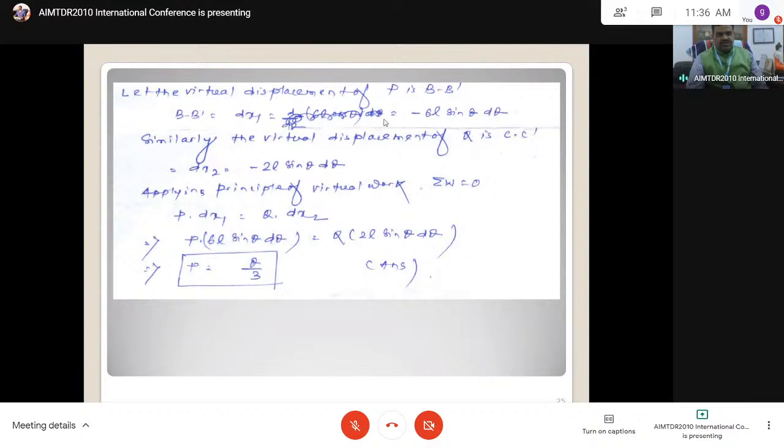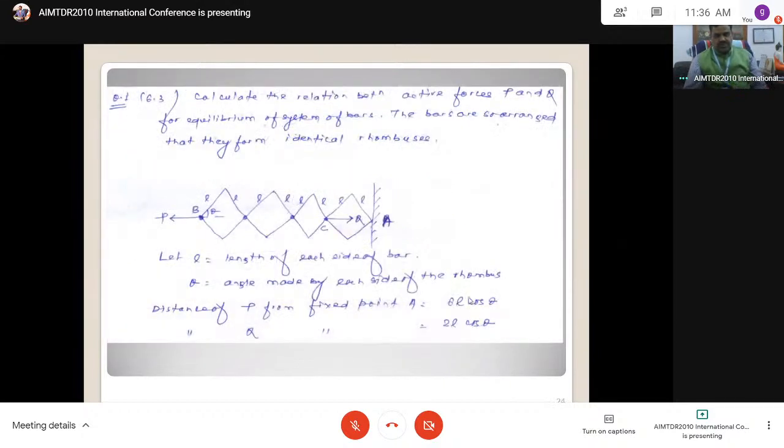Now dx1 is equal to 8L into, cos theta becomes minus sin theta, d theta. Similarly for x2, it is 2L cos theta, this one, 2L cos theta, 8L cos theta. This is L cos theta, L cos theta. This is 2L cos theta each, 8L cos theta.